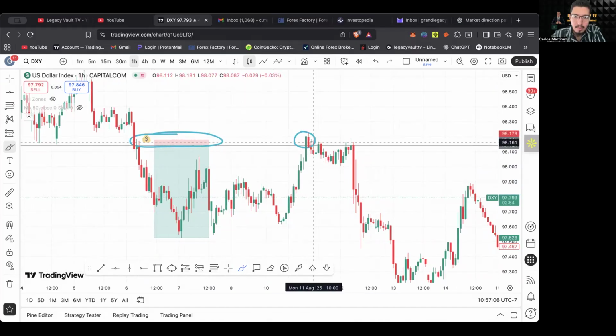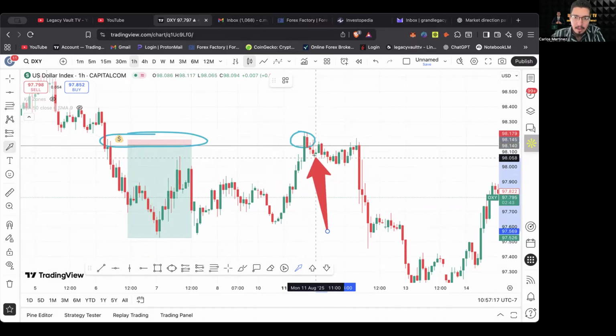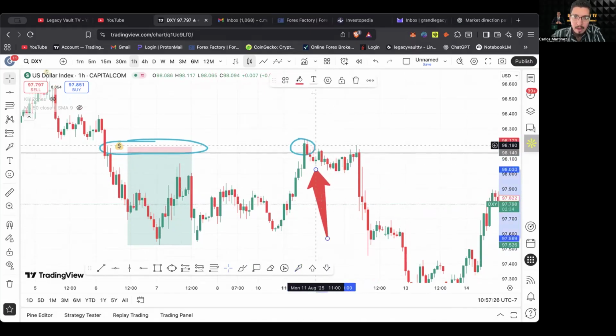And also, there were some traders thinking that it was going to turn bullish, a continuation to the upside, break above this level, but it created a fake out because of this candle pushing price to the downside. So there are some people that are placing buys here.